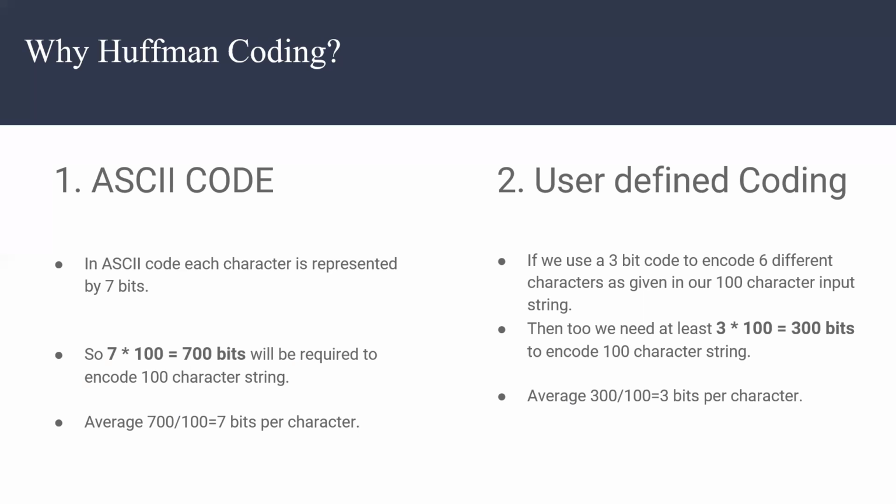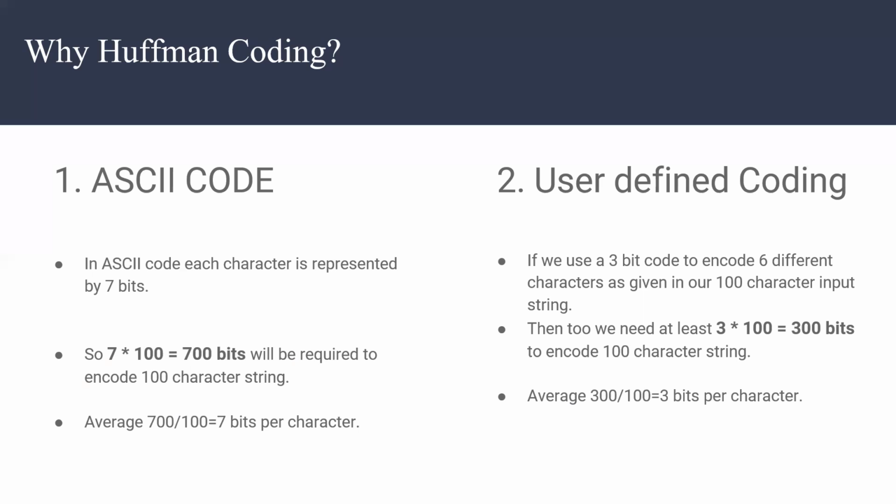As we can easily compare here, ASCII code requires 700 bits for a 100 character string, and if we encode only these 6 letters A, B, C, D, E, F using 3 bits, then we will spend only 300 bits, and too much memory and communication bandwidth will be saved, and our bandwidth will be 3 bits per character used.